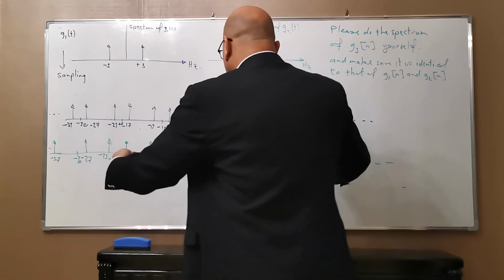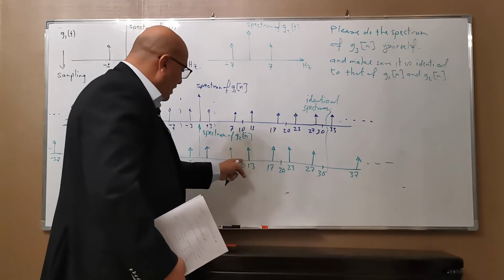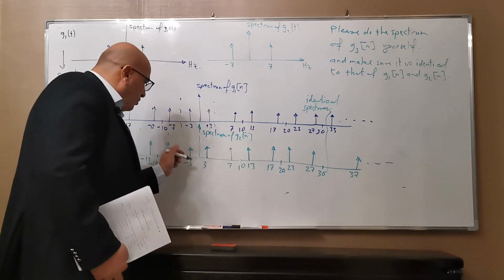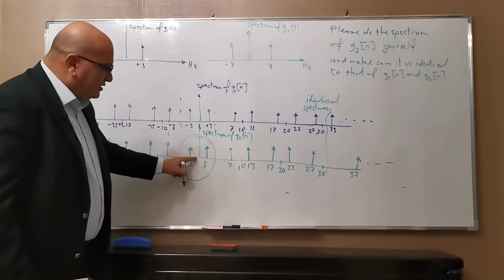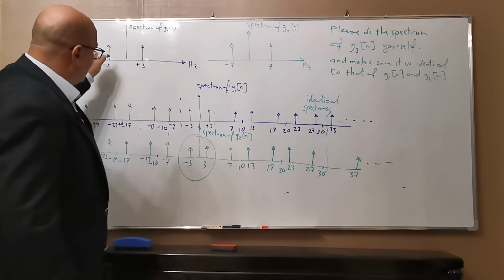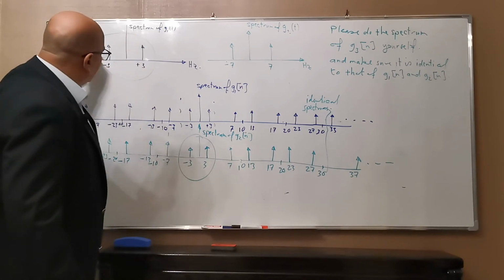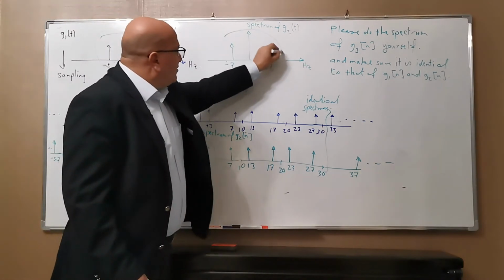Notice how aliasing happened when you have 7 and -7: when you sample at 10, it goes down, and now it looks as if this is your original spectrum. So this one and this one are the same, although the spectrum of G2 is at 7 and -7.